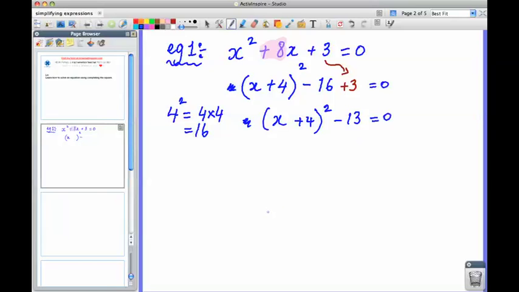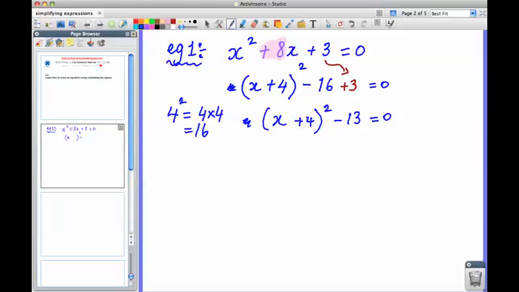Right, now solving means that I need to find what the value of x is. So once you've completed the square, the next step is to take a look at the minus 13 here and get rid of it. In order to get rid of it, the opposite of minus 13 is add 13.